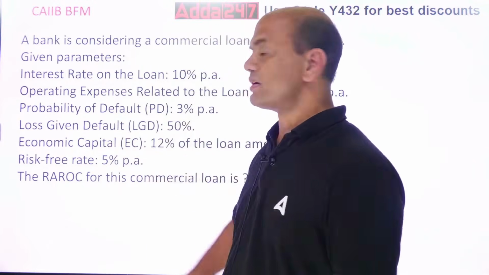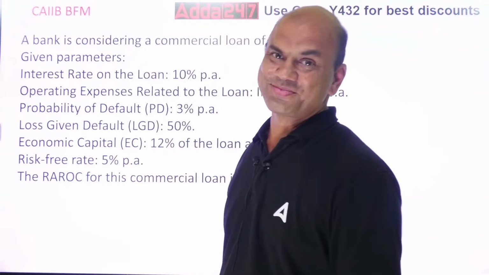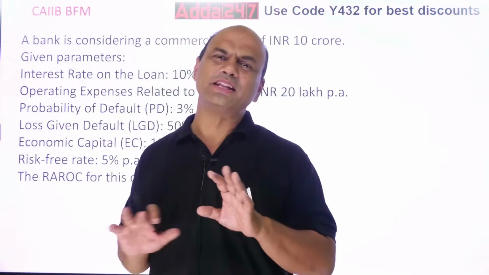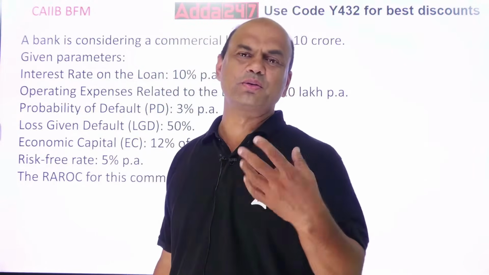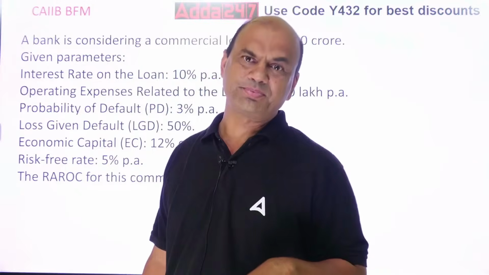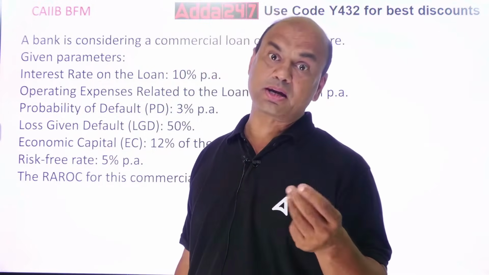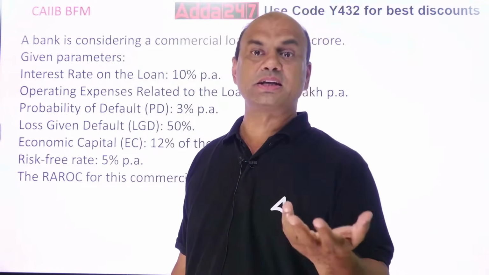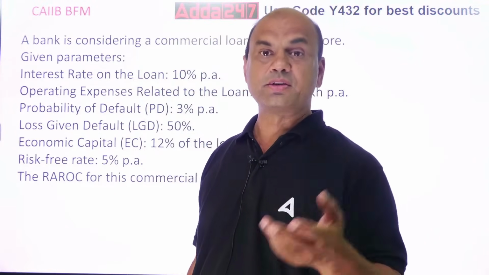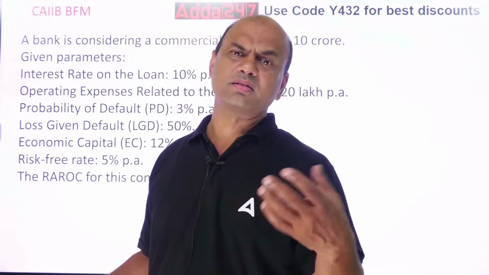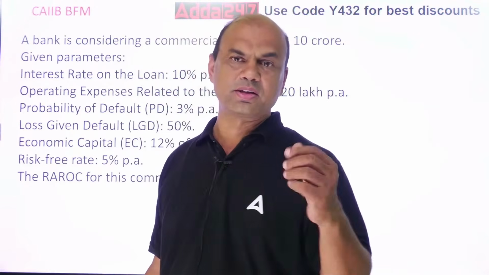Loss given default. What is LGD? Suppose, I am explaining in very layman's language. Suppose I give you a loan of 10 lakh rupees and I take a marketable, easy security, let's say an FD of 7,50,000 against this, or a gold of 7,50,000.